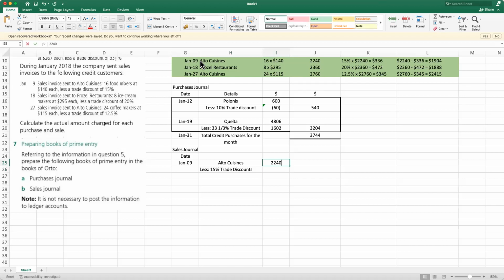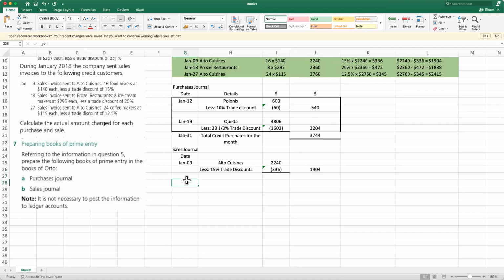Alto Cuisine is 2,240 minus, oh, I forgot to put in brackets here. Yeah, I have to put in brackets. 136. After subtracting, we should get 1,904. Now, I just put a line here to show that there's a calculation.